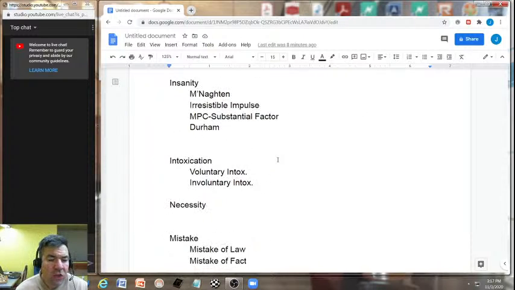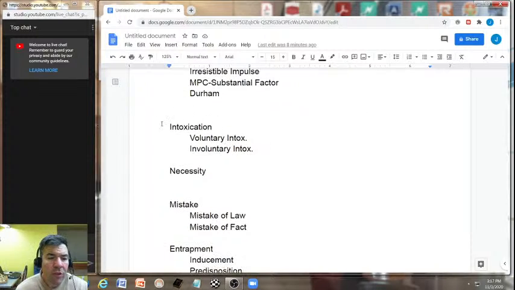Now, intoxication is looking into whether the defendant can form the necessary mental state. Or I should say, it's not malice aforethought, which is for homicide, but the necessary mental state for the crime, the mens rea. Voluntary intoxication is where the criminal defendant voluntarily takes on the intoxication.